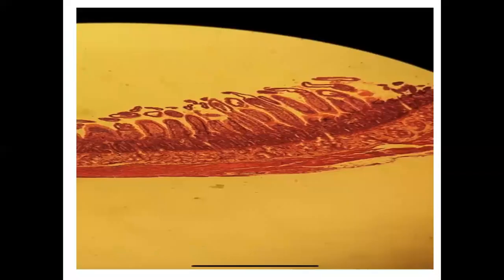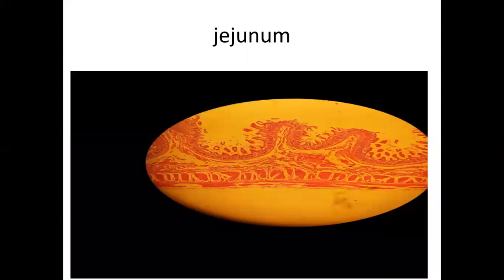زين، هذا section capture ثاني للجوجينوم. هذه الجوجينوم. At the jejunum, the main characteristic feature اللي راح تخلينا نميز الجوجينوم from the ileum and duodenum هي presence of plica circularis. هذه هي plica circularis.